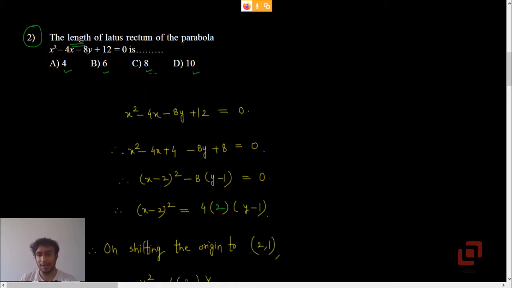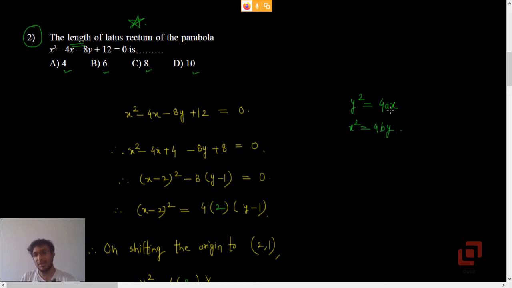Now we also have a ready-made formula to find the length of latus rectum, correct? And for using the ready-made formula, we must write the equation of the parabola in its standard form. You may either write it as y squared equal to 4ax or x squared equal to 4by.